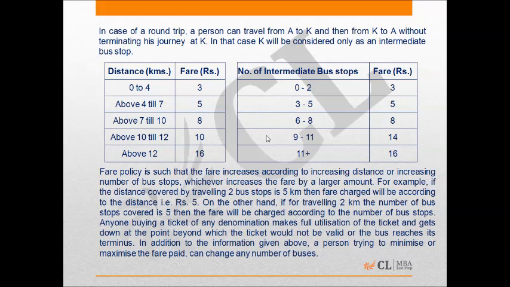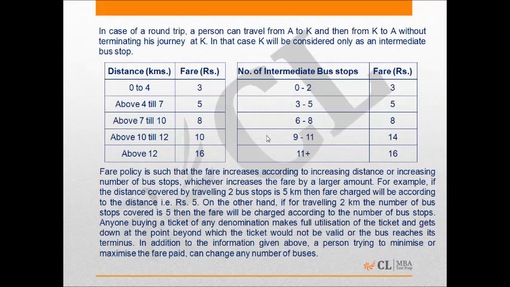And further, it is given that anyone buying a ticket of any denomination makes full utilization of that ticket and gets down at the point beyond which the ticket would not be valid or the bus reaches its terminus. It means if I buy a ticket, I'll travel as much distance as I can using that ticket, unless I reach a station and cannot reach the next station with the leftover amount of my ticket.